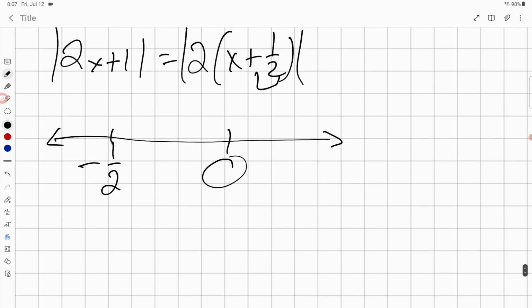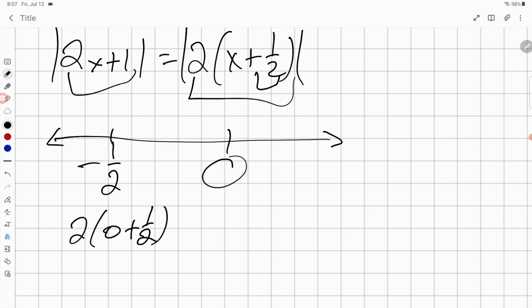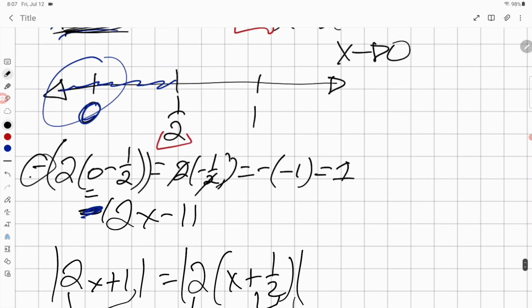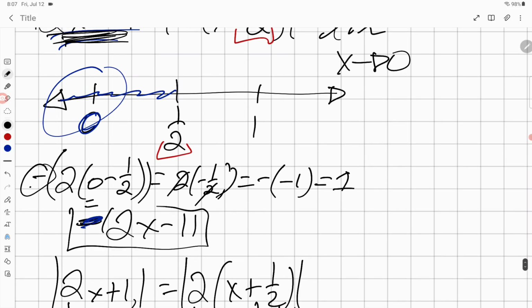So I would use, for example, 2 times 0 plus 1 half, plugging into this expression, or this one, makes no difference. You're going to have 2 times a half, which is 1. Notice this is already positive, which is what we want when we talk about taking absolute values. So we can just use the original expression 2x plus 1, with no bars. Here we will use negative 2x minus 1.